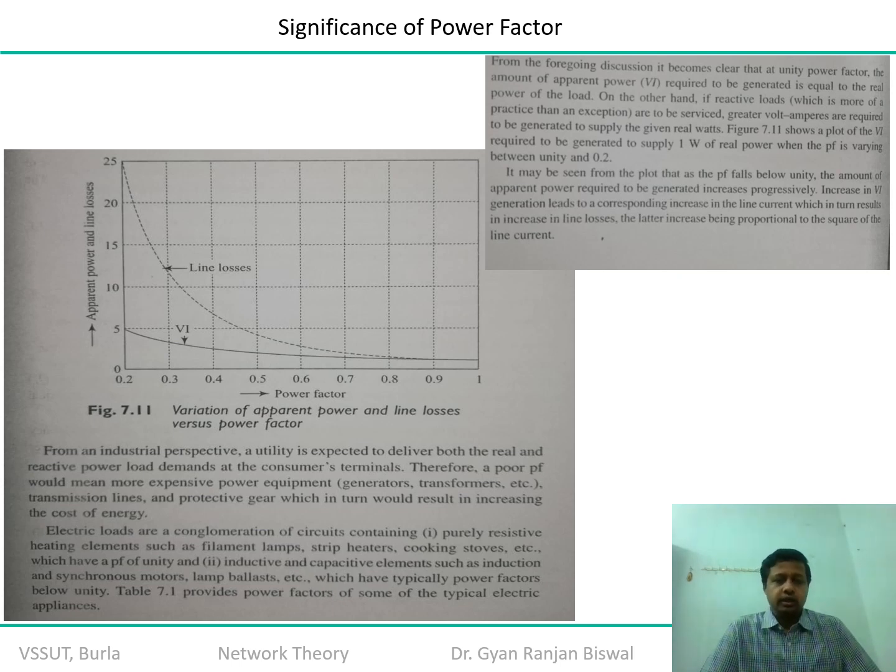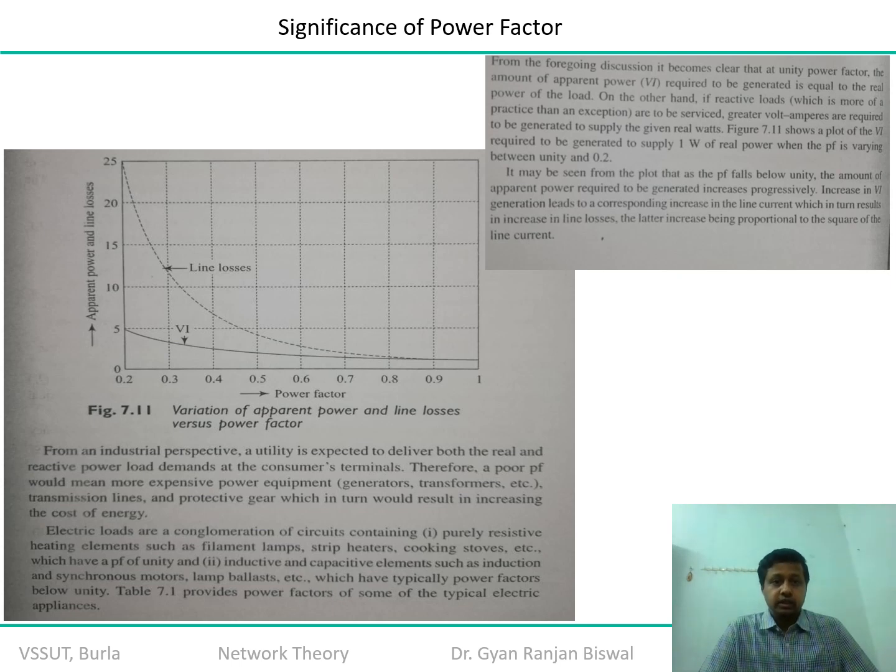On the y-axis you have a graph of the apparent power varying with the power factor, and you also have a graph of the line losses, which are responsible for carrying that power from the generator to the consumer, with respect to the power factor. You can see in this graph, when the power factor is exactly 1, there is only real power. That means the entire power is available in terms of wattage.